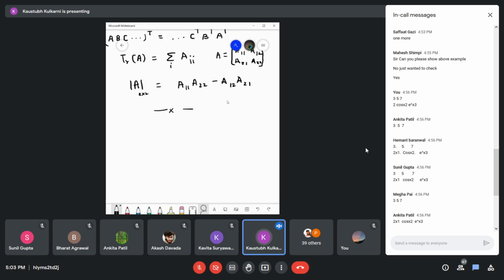Coming to the derivative part now. Instead of using the gradient notation, I'm directly using this notation: dou by dou x of matrix A multiplied by the vector x. A is a matrix multiplied by the vector x.